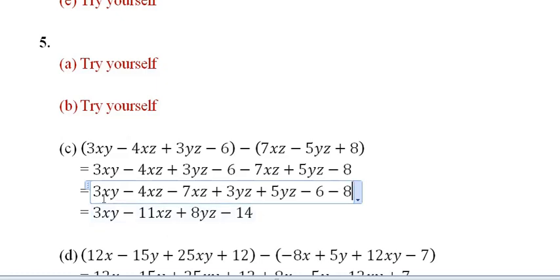So it will be 3xy minus 4xz plus 3yz, you can write out here. Okay, and then we have plus 5yz. And then you can pull this minus 7xz out here. Okay, minus 6 and minus 8.